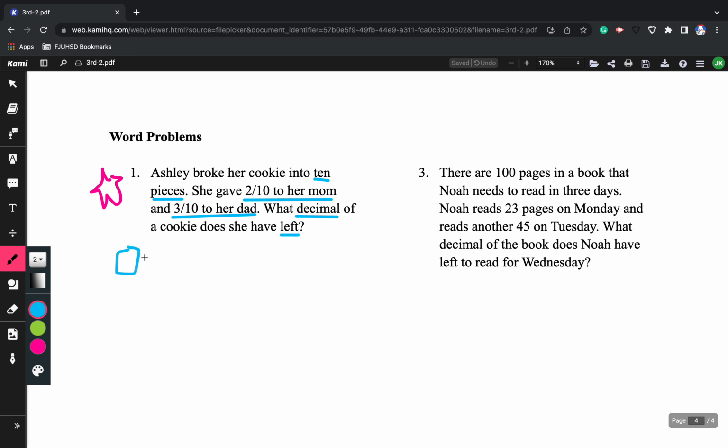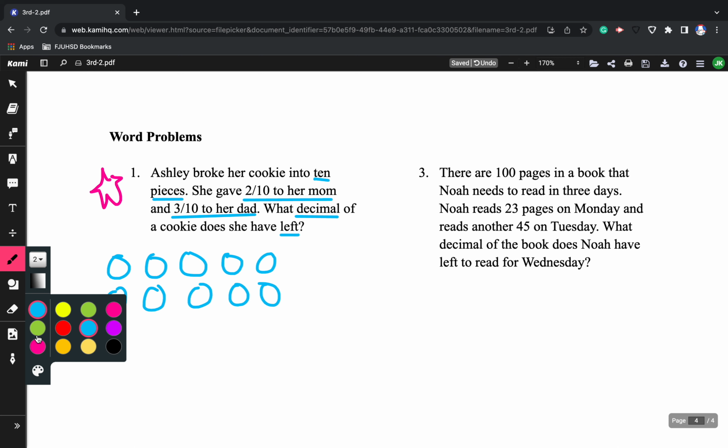Let's visualize this and then let's do this mathematically. Let's draw it out first. So she has 10 pieces: 1, 2, 3, 4, 5, 6, 7, 8, 9, 10. Okay, and let's say the green one represents mom, pink represents dad, and then the blue will be left over.